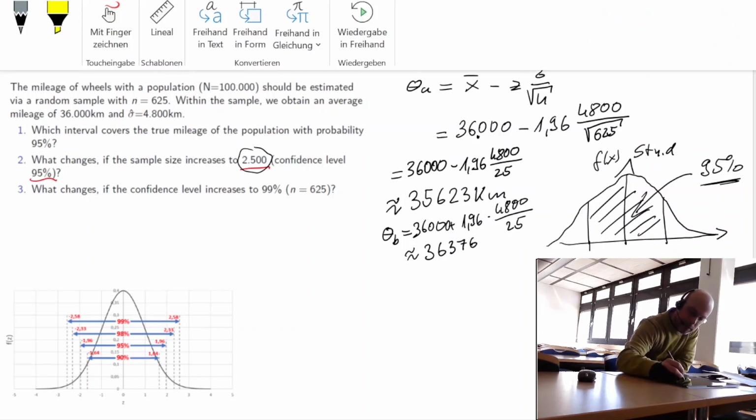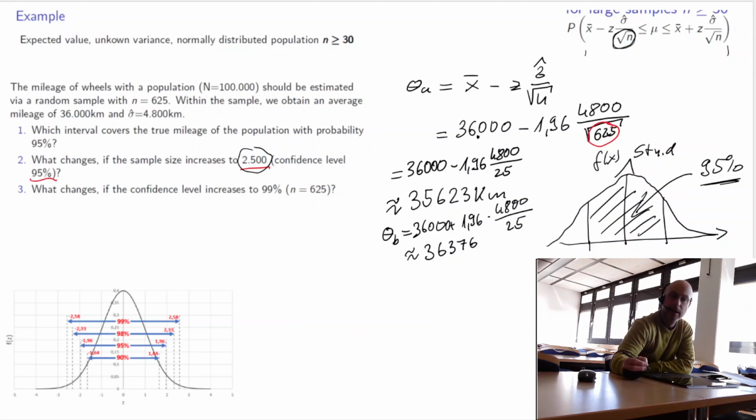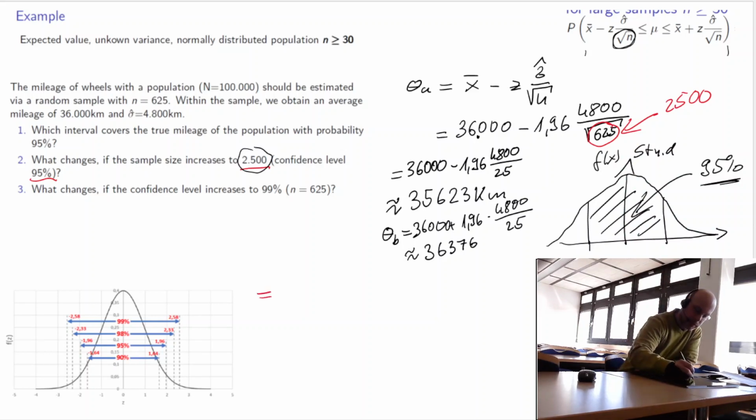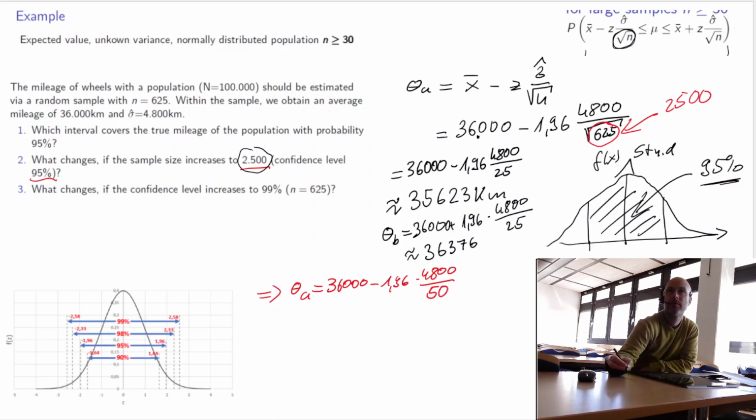So this is just this number here, the 625. Here we have to insert 2,500, and therefore we just obtain the lower limit is 36,000 minus 1.96 times 4,800 divided now by 50, because the square root of 2,500 is just 50.